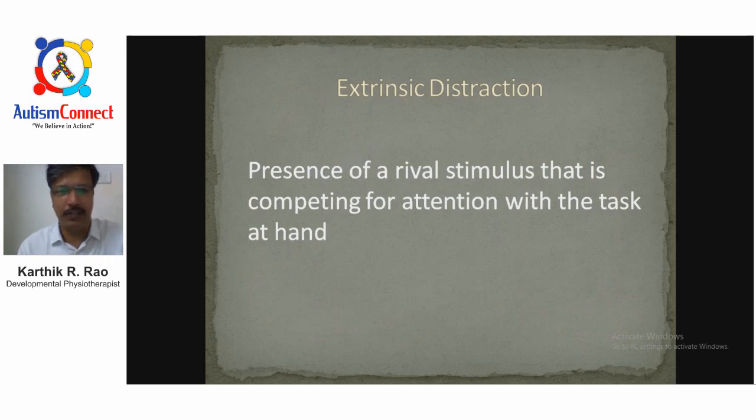A child who wants to read, and now there is somebody else watching television, so the child is not able to concentrate. There's a competition for a stimulus, and the child is not sure which one is more important, and they get distracted. So basically, extrinsic distraction means distraction because of the environment, because of things that are happening around me.